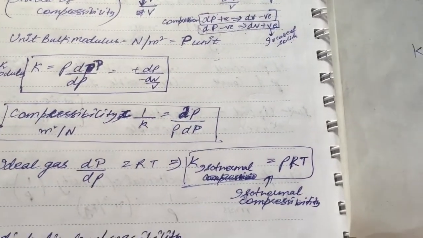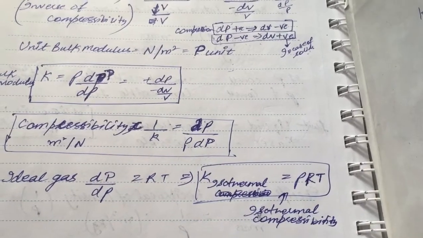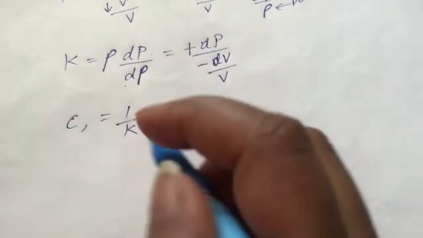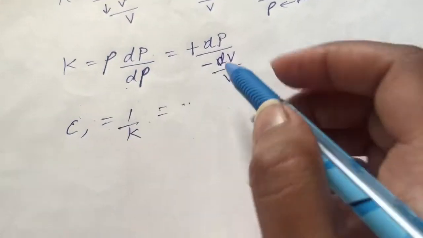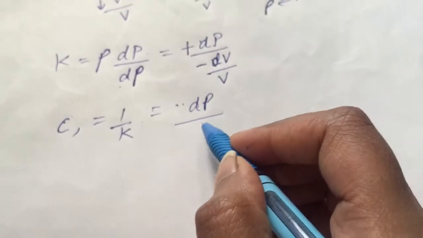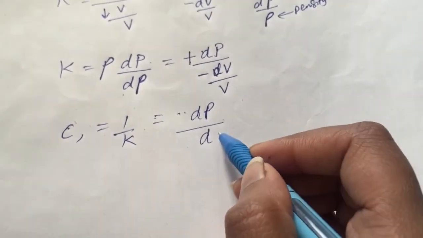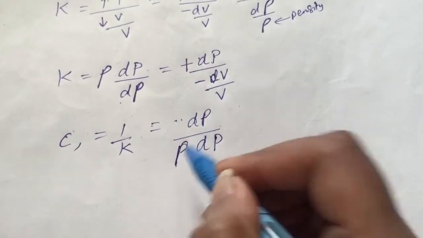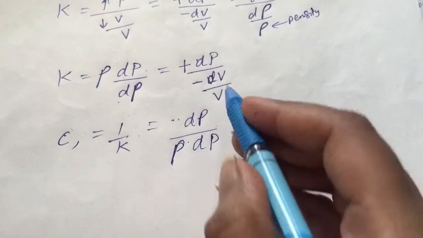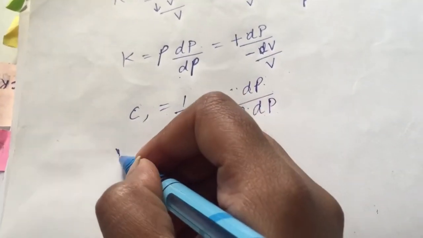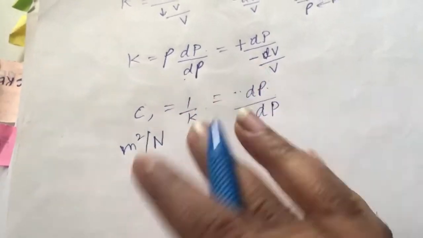So it would be equal to d rho by rho dP, since density rho is in the denominator. This is our compressibility. Its unit is meter square per Newton.